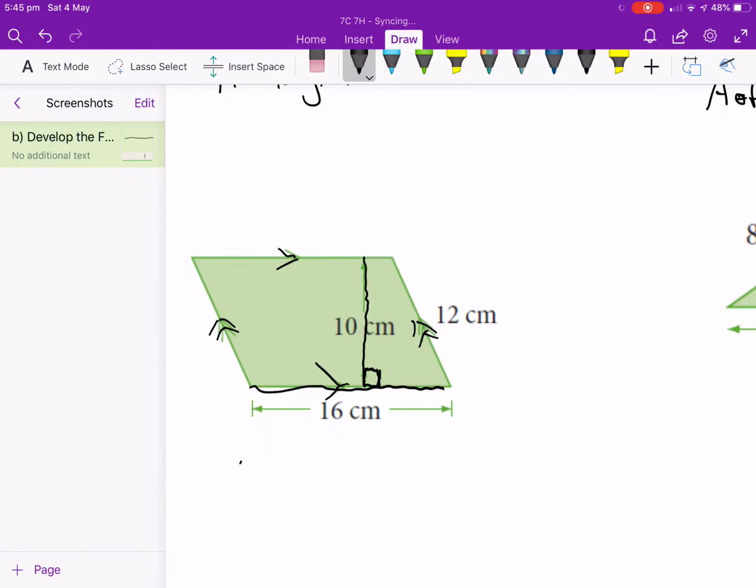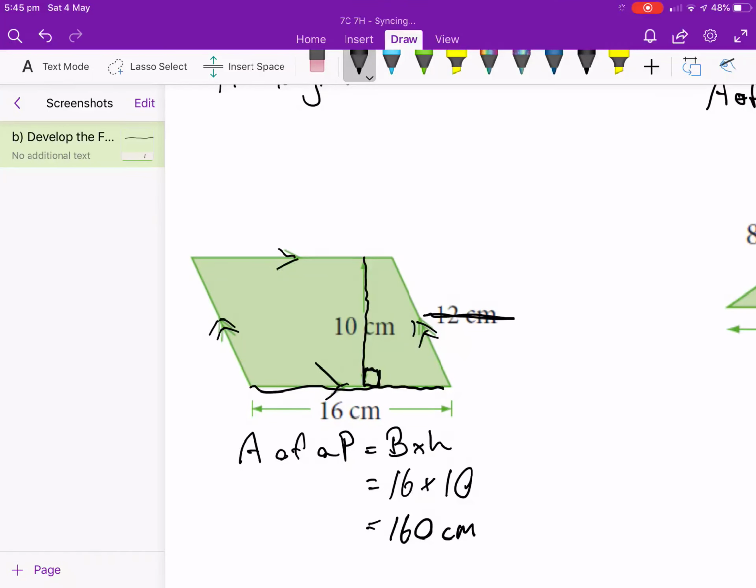So therefore, area of a parallelogram equals base times height, and in this case our base, identified with that 90-degree angle, is 16 and our height is 10. So this is irrelevant information. So 16 times 10 is 160 and the units is centimeters, but remember it's surface area, so they're squared centimeters.